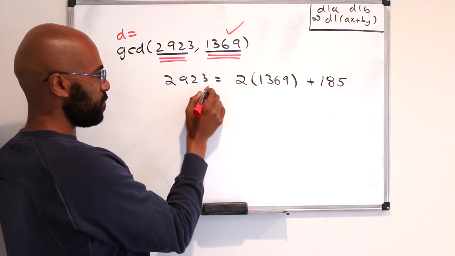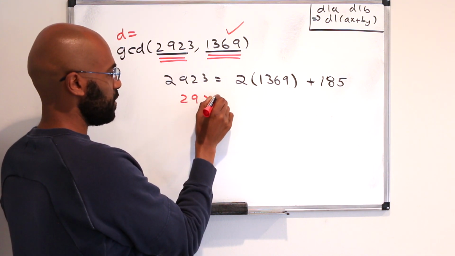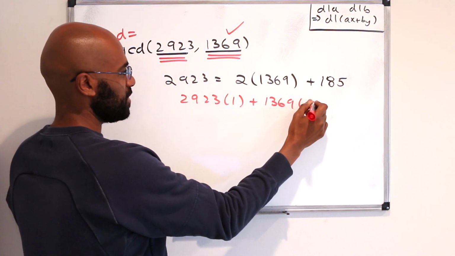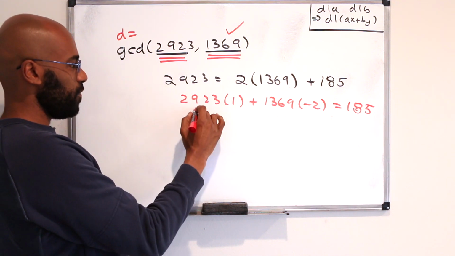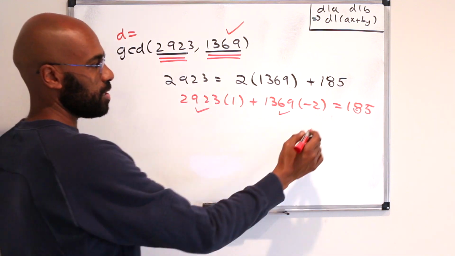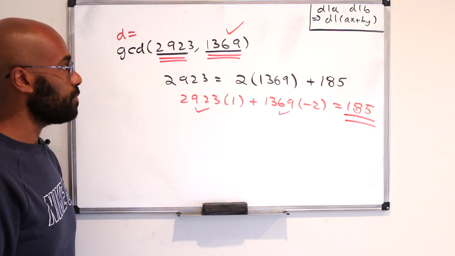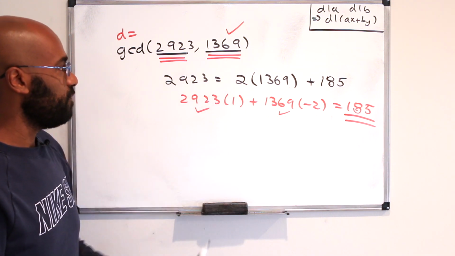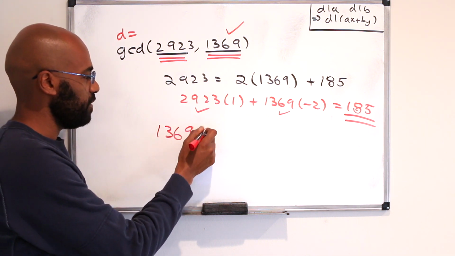The reason is that if we rearrange this and write it instead as 2923 times 1 plus 1369 times negative 2 equals 185, then because D divides both of these, D divides any integer combination of them, and the remainder upon division is an integer combination of these two starting numbers. So that means that D actually divides 185. So D is a common divisor of 1369 and 185.